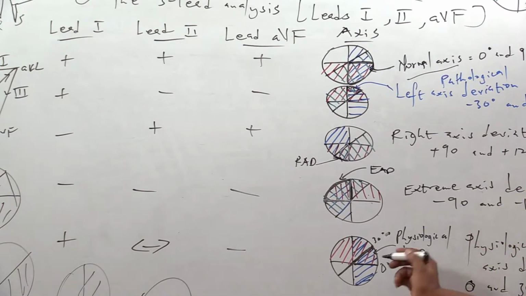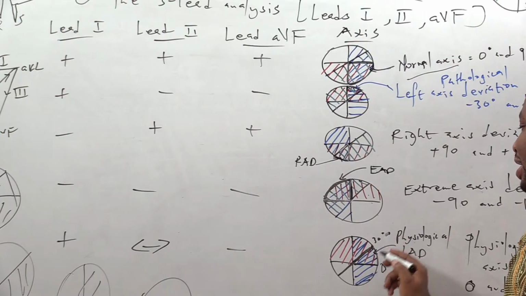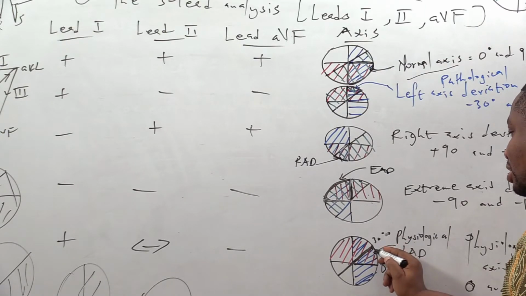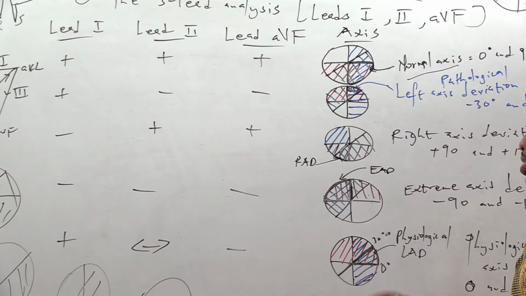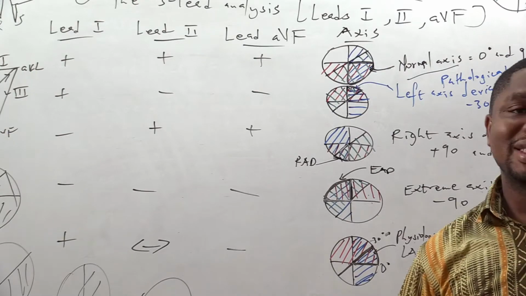So in that case, we realize that once it's epiphasic, they are going to be looking in the direction here and here. Okay? So that will give you what? The angle of deviation falling between 0 degrees and minus 30 degrees.